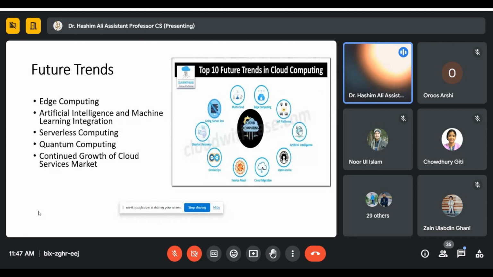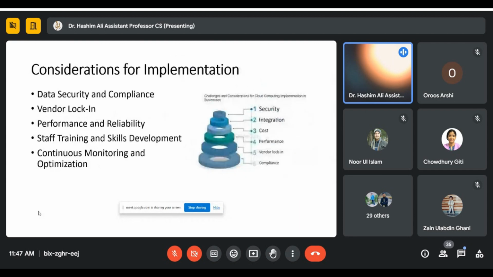So these are the future trends in cloud computing, and how we can implement cloud, or for what purpose, or how we will consider cloud computing to be utilized within a business. So we are looking for data security and compliance. Then we are looking for vendor lock-in.